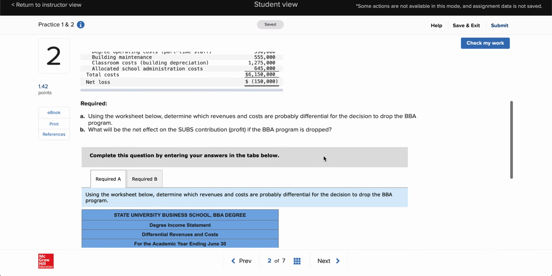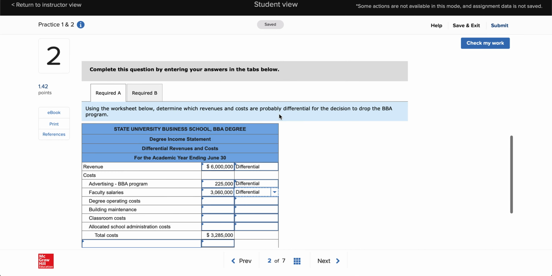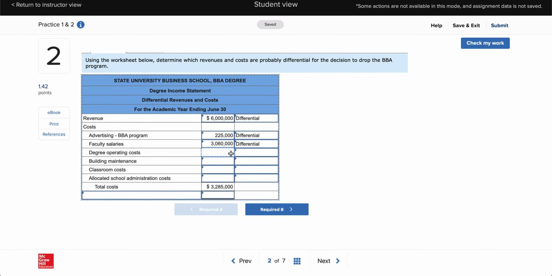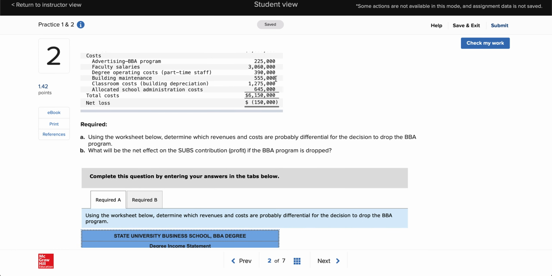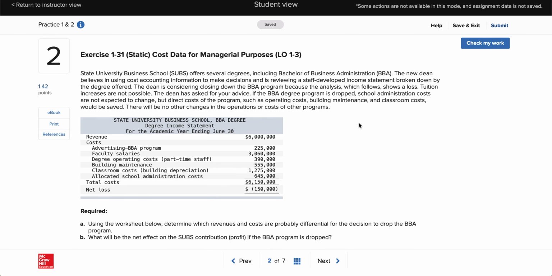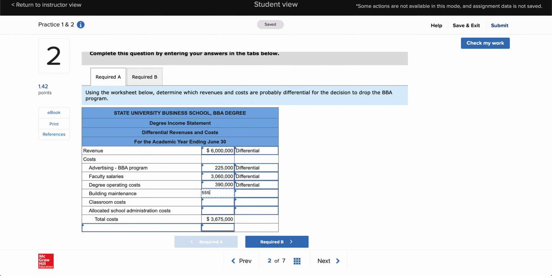The degree operating cost for our part-time staff here, $390,000. This is specific to this degree, and this is how they worded it for us. That would be a differential cost that would go away if we eliminate the program. The building maintenance cost, which is $555,000. They specifically tell us that this is a direct cost of the program, and so we're going to eliminate that as well.